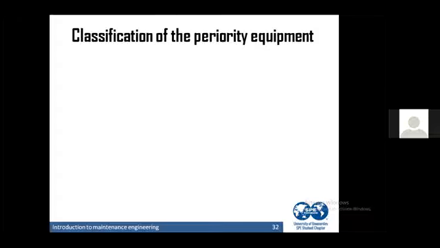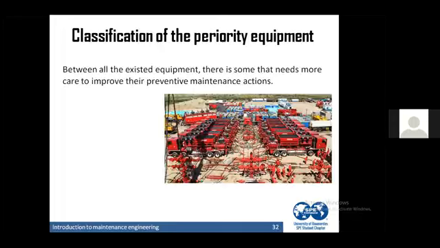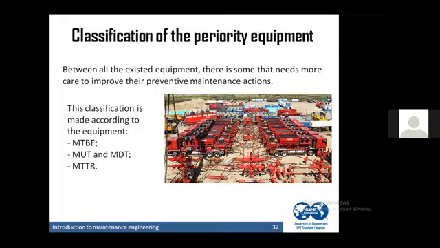So the idea that you must put in your head is that not all the equipments are the same. Not all the equipments have the same value, same priority. So between all the existing equipment, there are some that need more care to improve their preventive maintenance action. The classification of those equipment is according to the time.